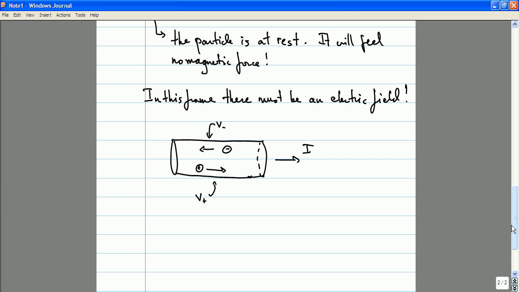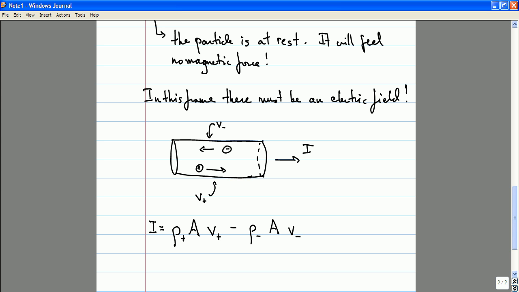And the contribution to the current of some moving density of charged particles is the density of the charged particles times the area of the wire times the velocity at which they're moving. So, for example, the total current will be the density of the plus charges times the velocity of the plus charges times the area, minus the density of the minus charges, because they have negative charge, times the area times the velocity of the minus charges.